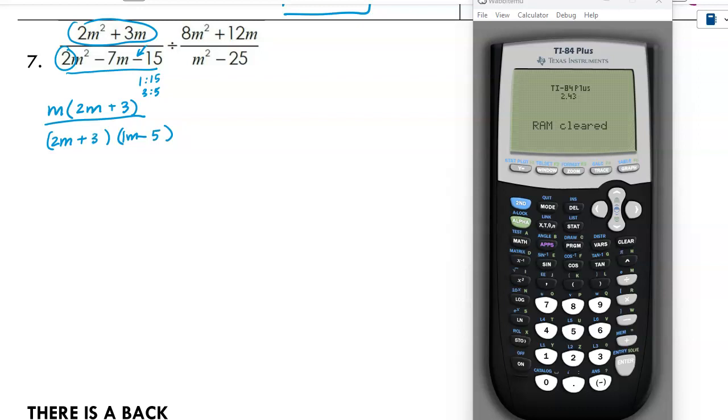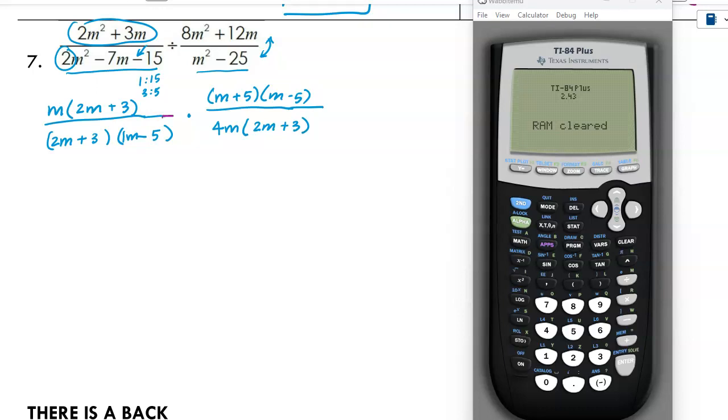Yeah, that works. Times, take the reciprocal. And also you see that that's a difference of squares. And then that numerator now becomes a denominator, and I could take a 4m out, and I get 2m plus 3.